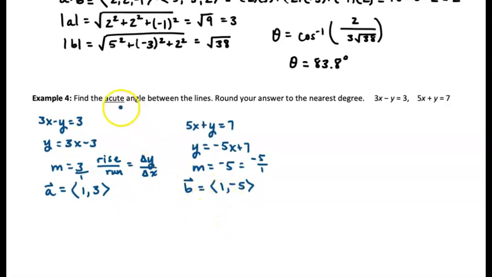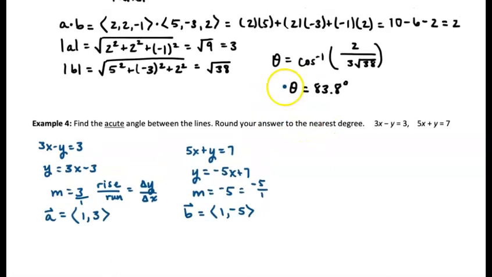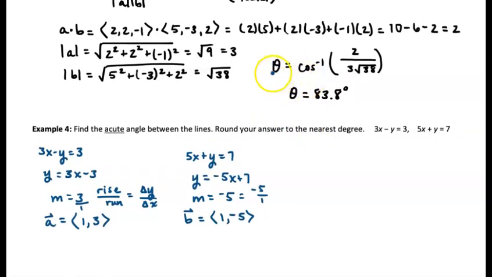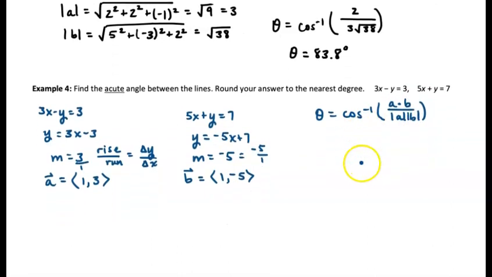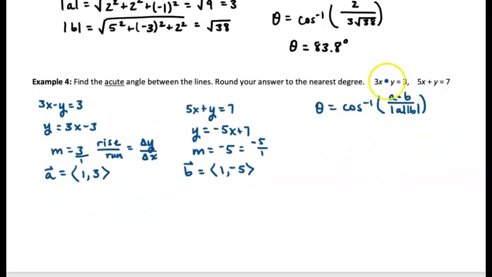Now we can use what we know to find the acute angle, and we'll settle this acute part a little bit later. But we know we're going to use, let's see, to find this angle, this version of the formula. Theta is equal to the arc cosine of the dot product of A and B over the magnitude of A times the magnitude of B, just because we're solving for that angle again.